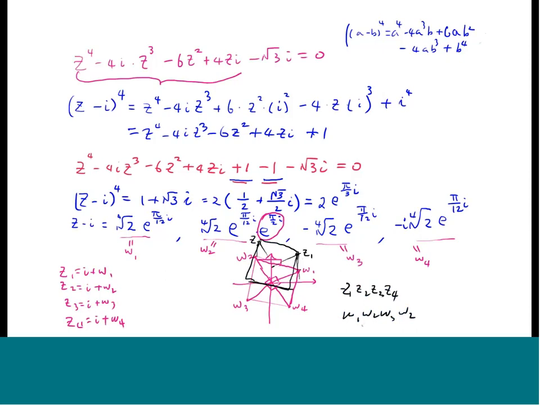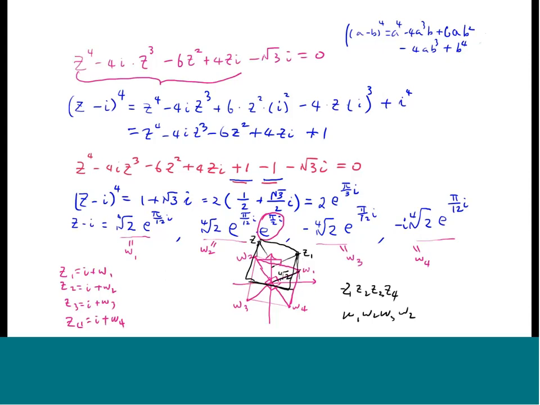So you only need to calculate the area from W1, W2, W3, W4. Here the side length is the fourth root of 2.